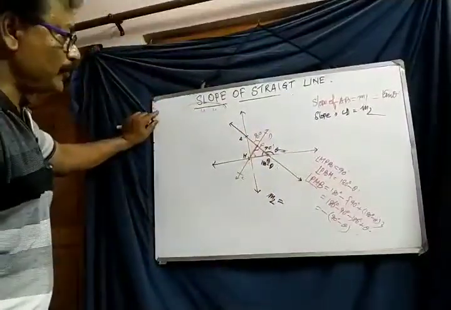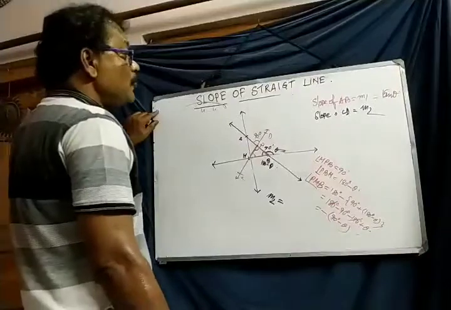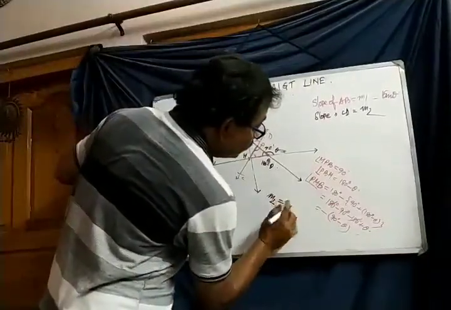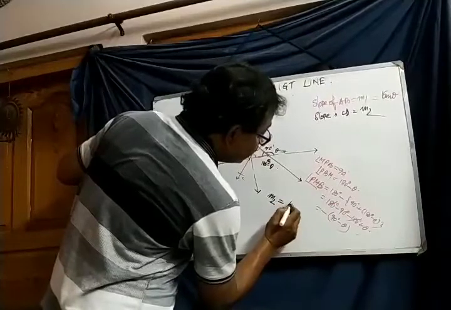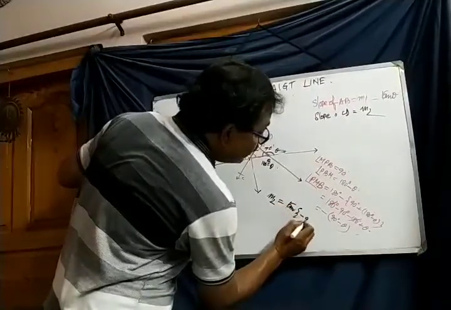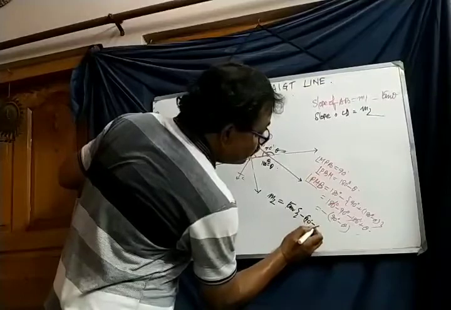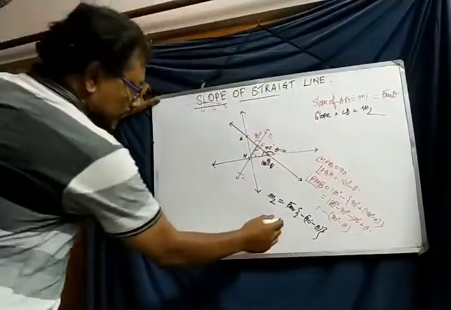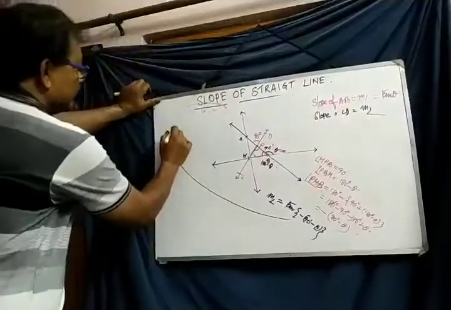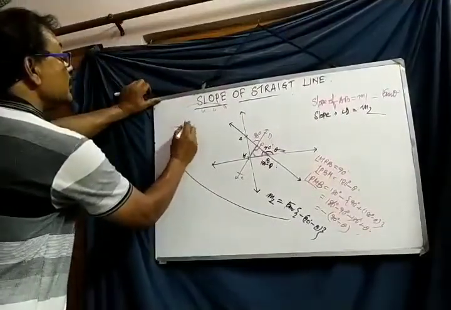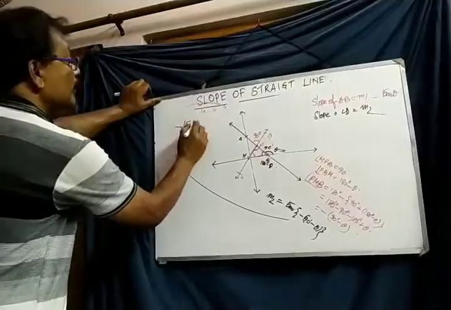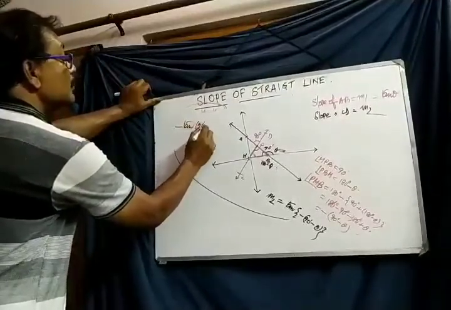Therefore, m2 is equal to tan of minus 90 degrees minus theta. We know tan of minus theta means minus tan 90 degrees minus theta.